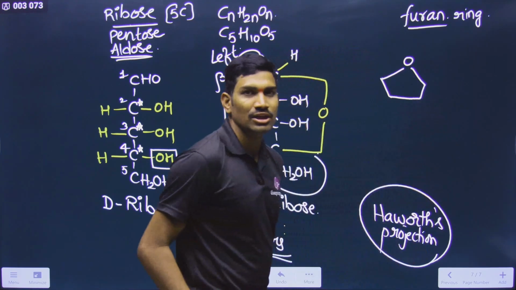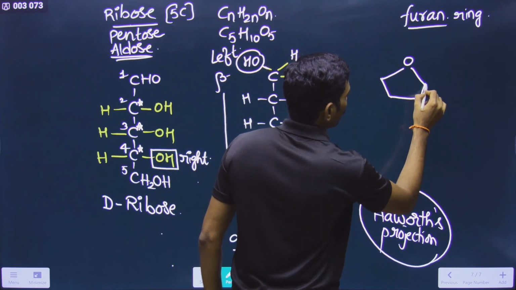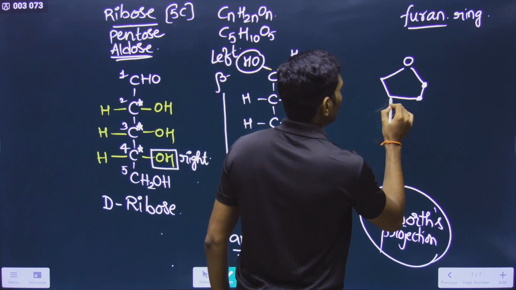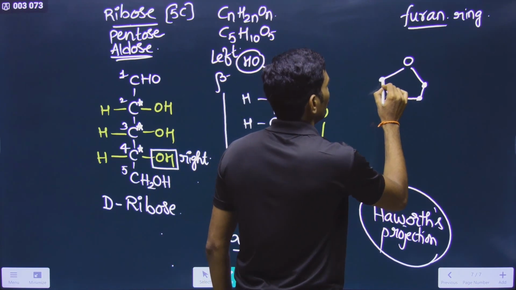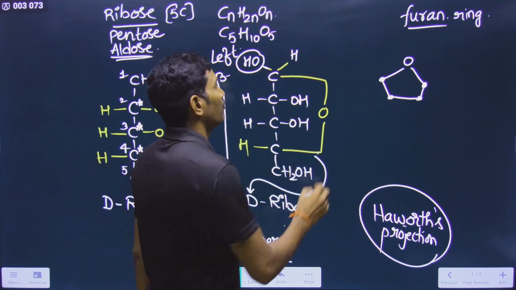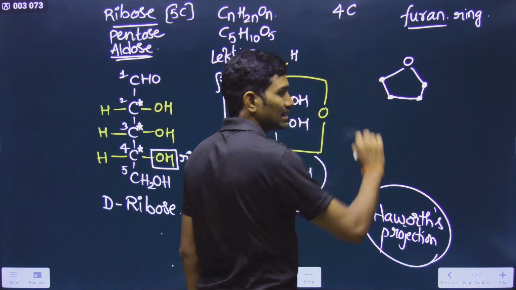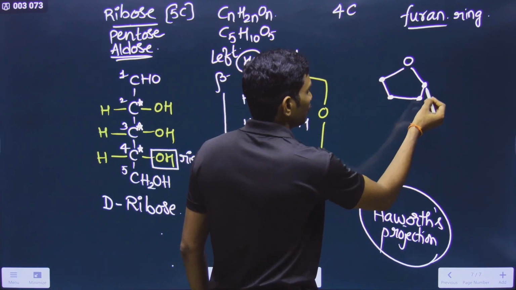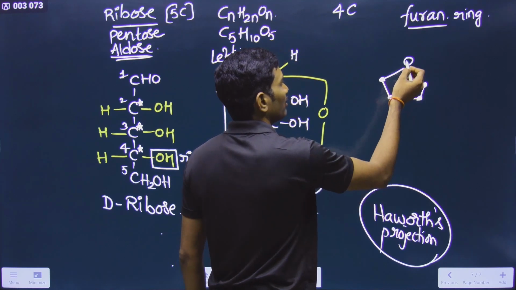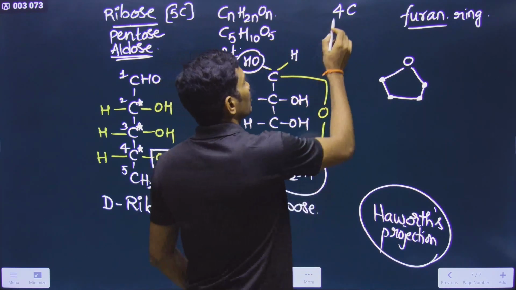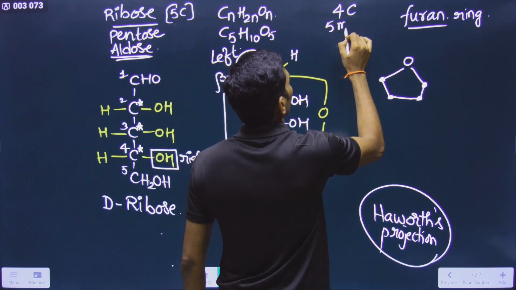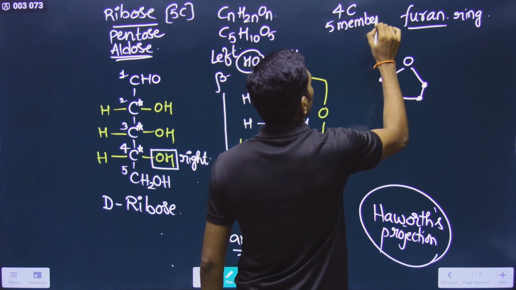The furan ring is how many carbon containing? 1, 2, 3, 4. 4 carbon containing. But members, if you count 1, 2, 3, 4, 5, oxygen is also considered as a member. So 4 carbon, 5 membered ring.